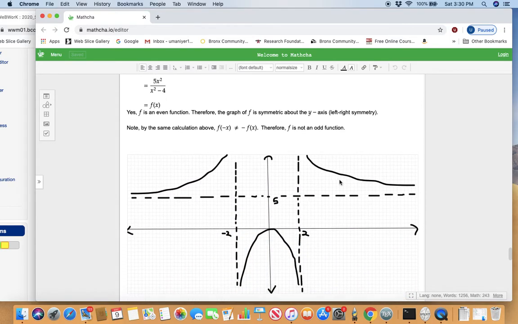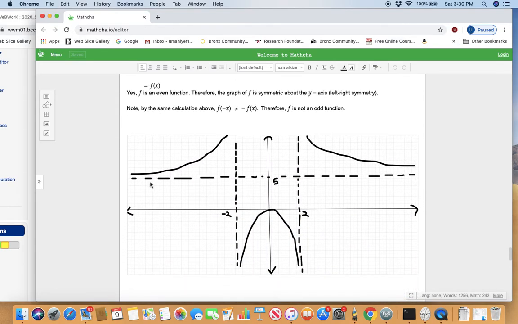So, here is the graph. I'm increasing. This is my horizontal asymptote. These are my vertical asymptotes. I'm increasing here, going to positive infinity, concave up.